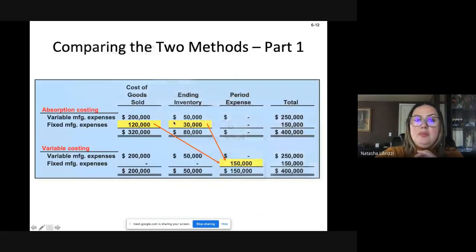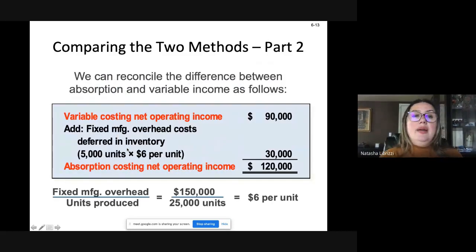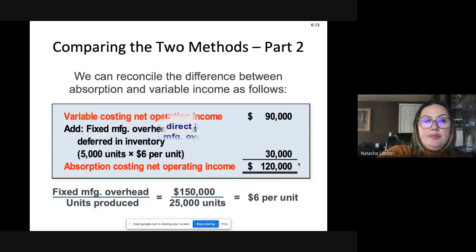I'm sorry, I'm jumping around, but that's a good way of looking at it. So at the end of the day, your ending inventory value is higher because it has not been absorbed yet. And again, this is GAAP and this is not. Another way of reconciling: take 5,000 units times 6, that's 30,000. So under absorption it's 120.